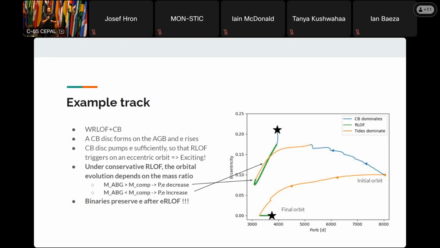Once enough mass is transferred, the mass ratio inverts, and the period and the eccentricity start to increase. So at the end, we find that even eccentric Roche lobe overflow can preserve eccentricity, and we can even find more eccentricity. It's a very interesting mechanism that goes exactly in the way we want.